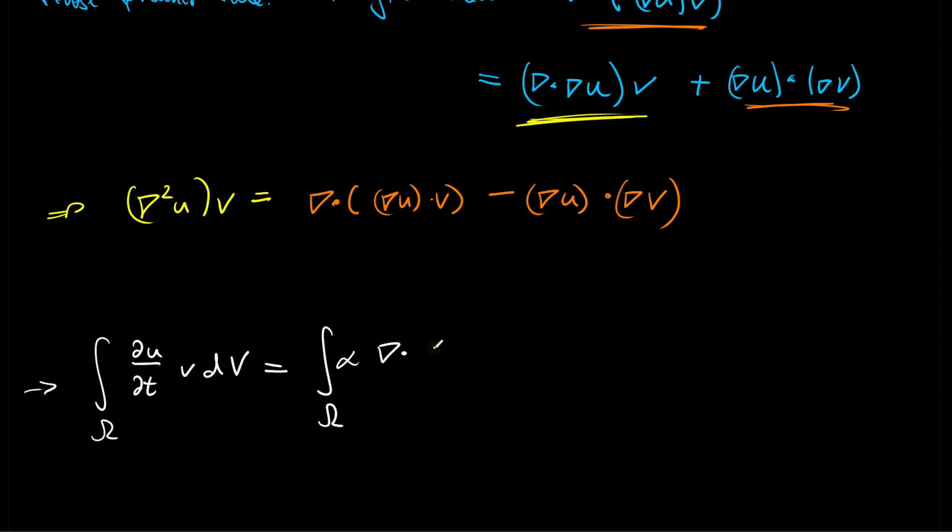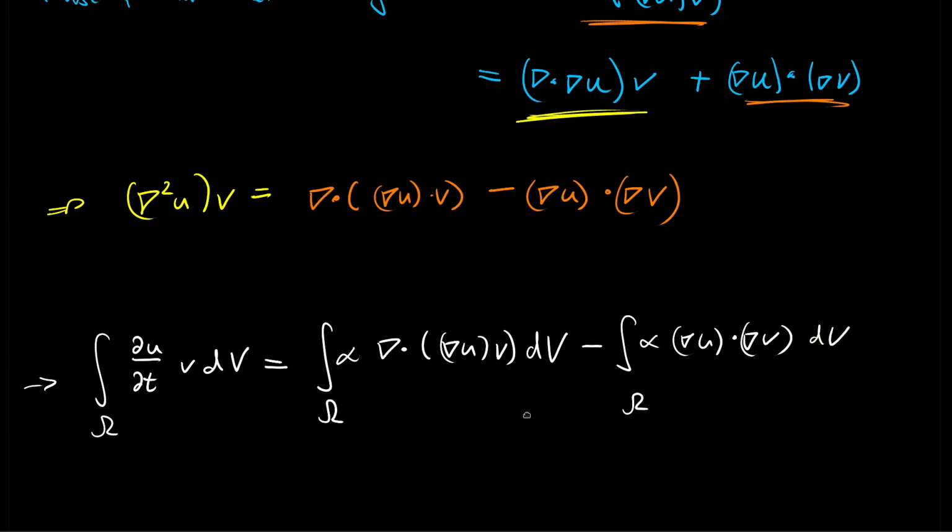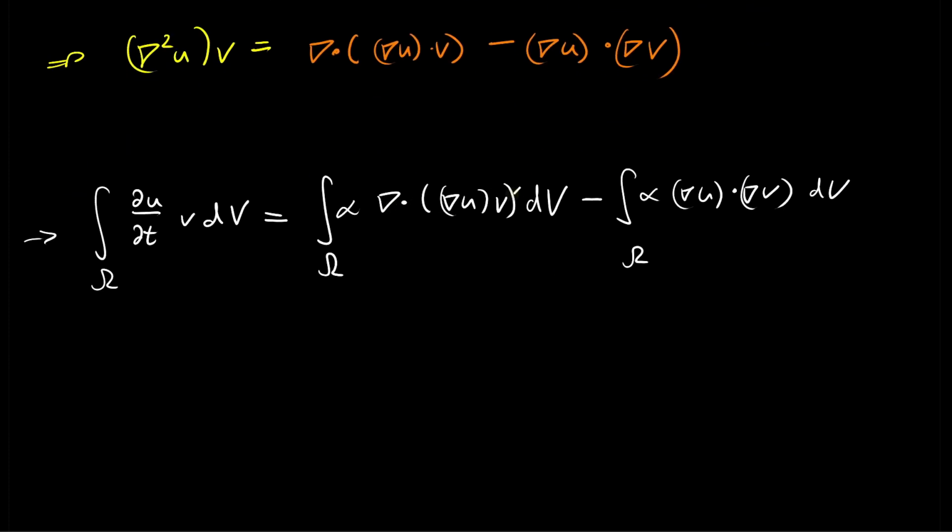So we had first the divergence of the gradient of u multiplied with v, volume integral, and then minus the integral over omega of alpha, gradient u dot product with gradient v, of course, integrated over the volume. Now we have two integrals, so why did we do that? Because now we can apply the divergence theorem here.